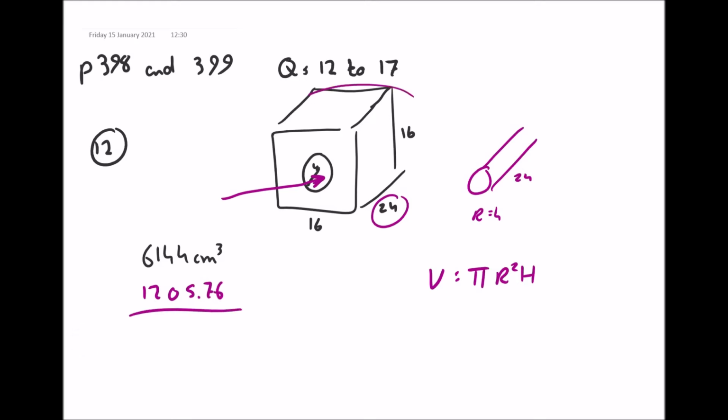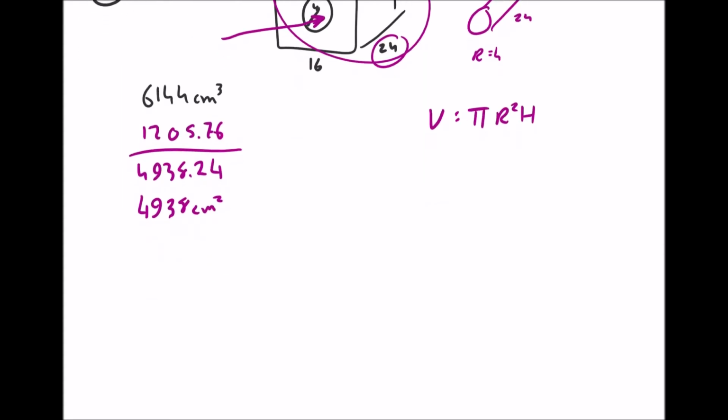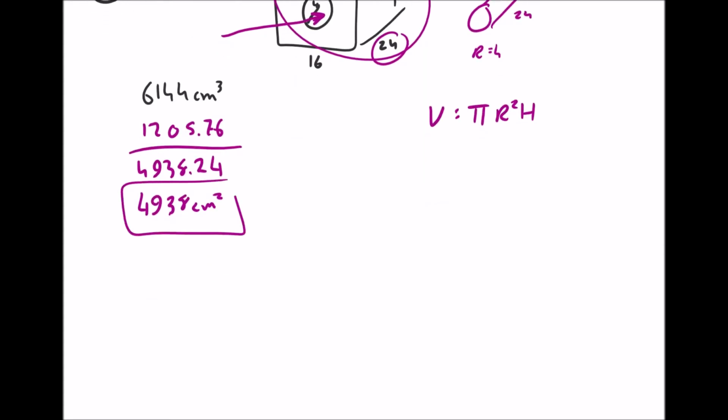So now to get the volume of that whole object, we'll minus one from the other, and it'll give us 4938.24, and we're asked to correct to the nearest centimeter cubed, so it's that. Okay, so that's that done. So answer 4938 centimeters cubed, not squared.